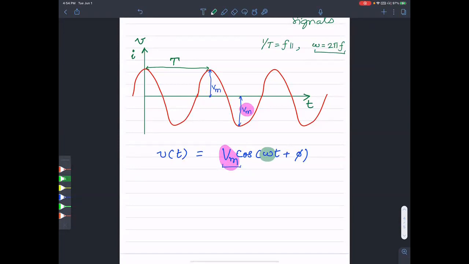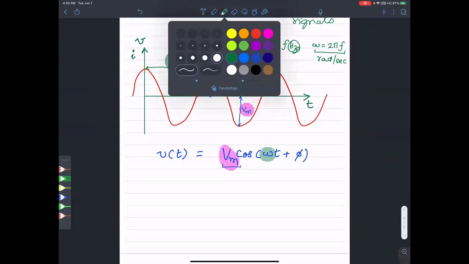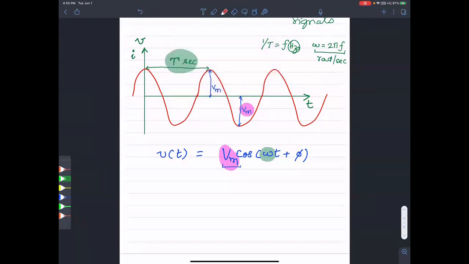F is the frequency in hertz. T is the time period in seconds. F is the frequency in hertz, and omega is in radians per second. So we are looking at the different aspects of the sinusoid, and the little t is the variable t. Now, how about phi? What's this guy? Who can tell me what this phi represents?